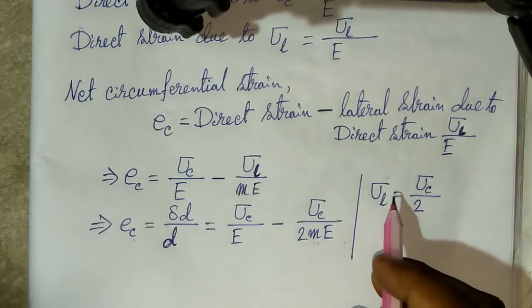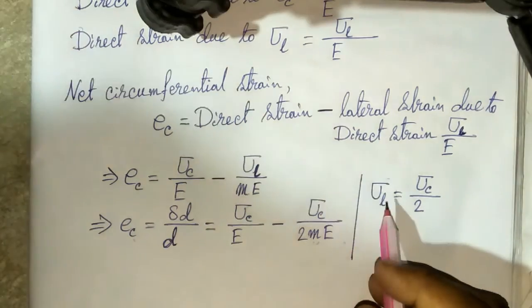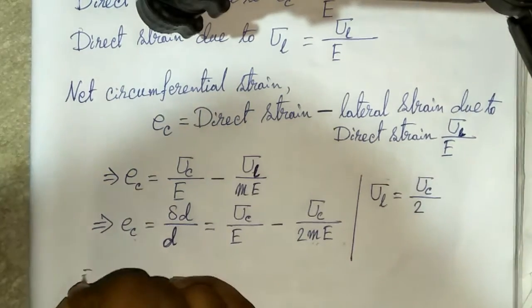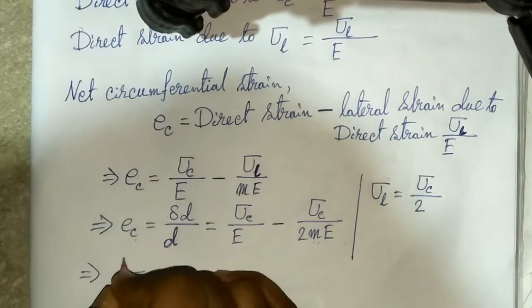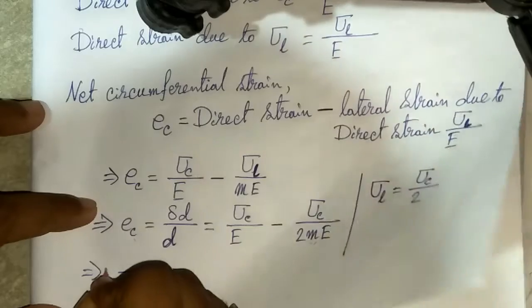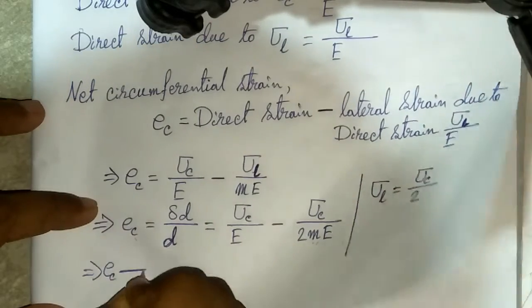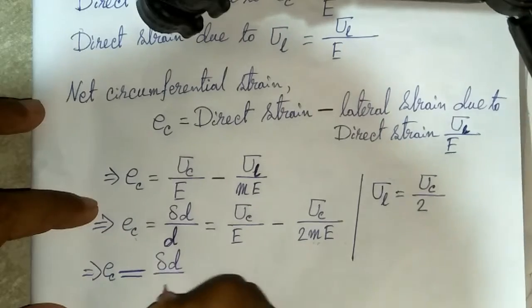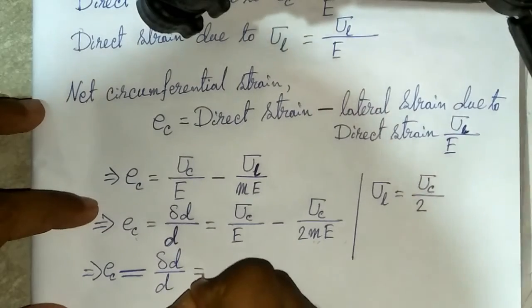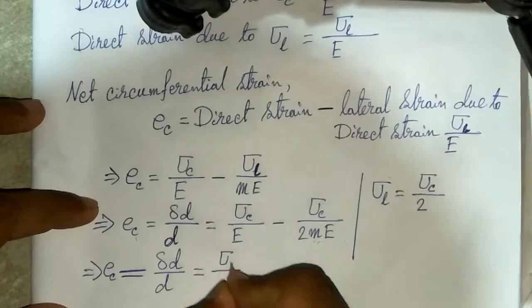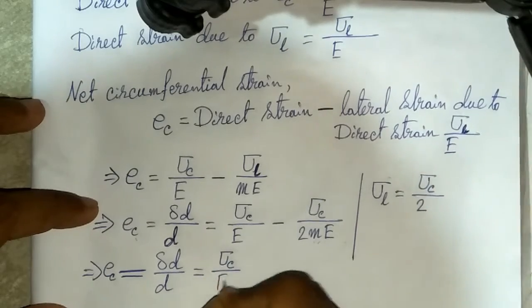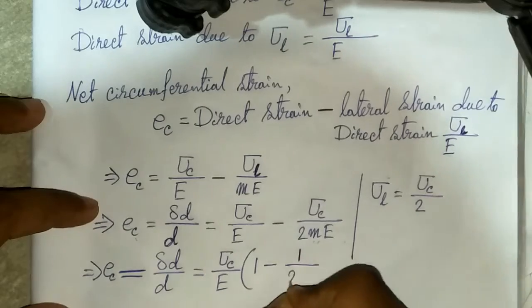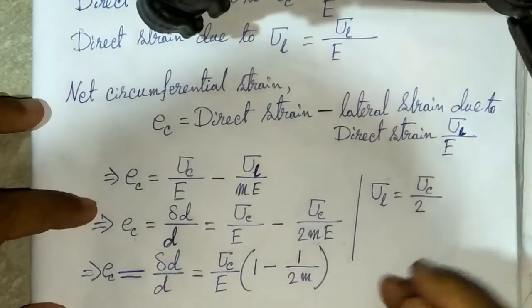Now we are going to take common. e suffix c is equal to delta d by d, which is equal to sigma c by e into 1 minus 1 by 2m.